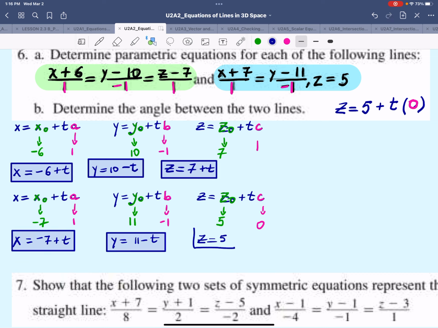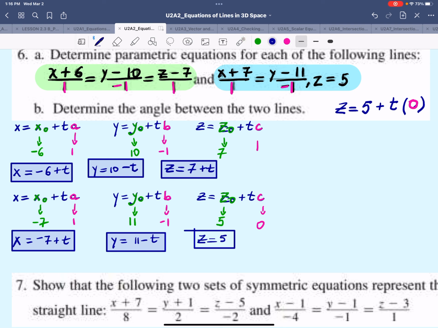Now the next question is asking to determine the angle between the two lines. Remember that each line is described by a direction vector, and the angle made between two lines is the same as the angle made by the direction vectors.